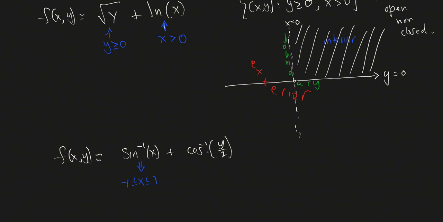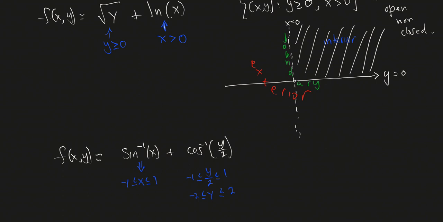This one is very similar, actually. For arc cosine, your argument, whatever is the inner function in your arc cosine function, has to be between plus or minus 1. Multiply this inequality by 2. Then this tells me that my y has to be between plus or minus 2.